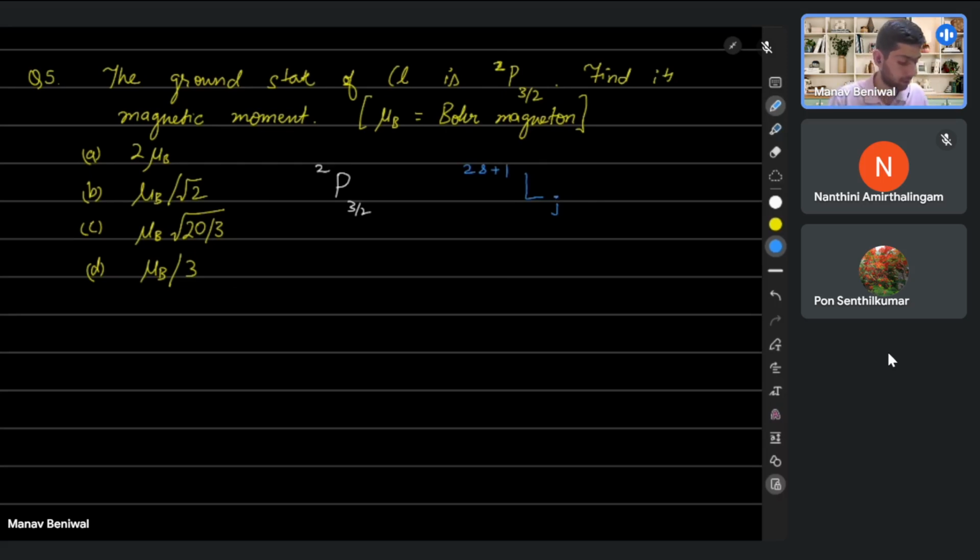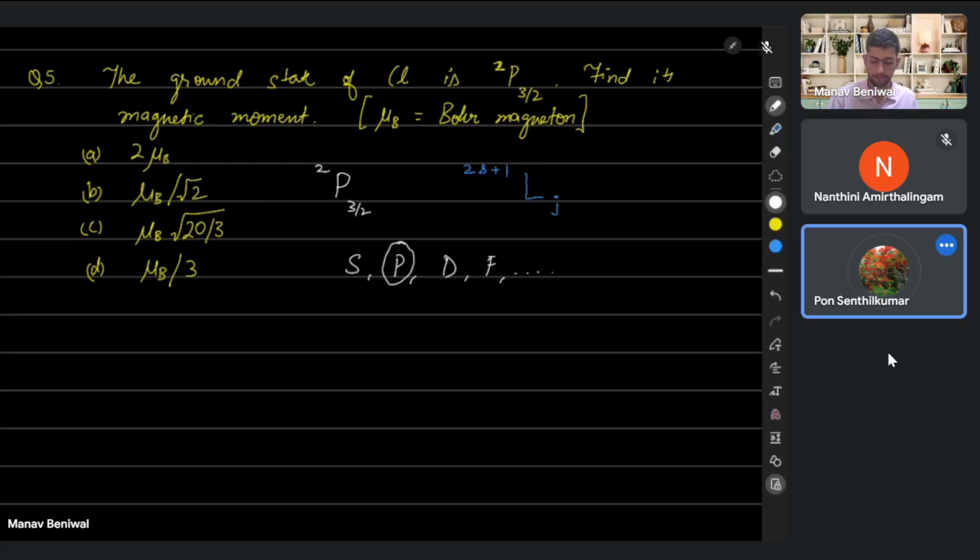So you have all these orbitals, right? S orbital, p orbital, d orbital, f, and so on. Here we are given p orbital. So what will be the value of L for a p orbital? Will it be 0, 1, 2?